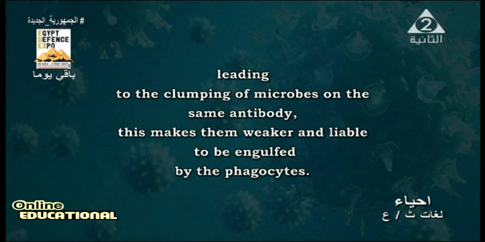This agglutination leads to clumping of microbes on the same antibody. This makes the microbes weaker and liable to be engulfed by the phagocytes, making them susceptible and easy to remove.